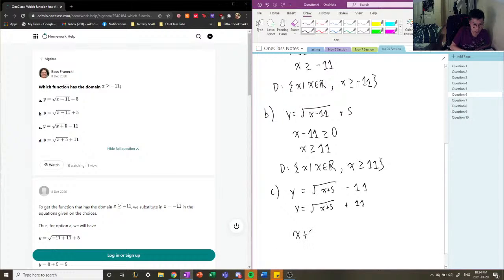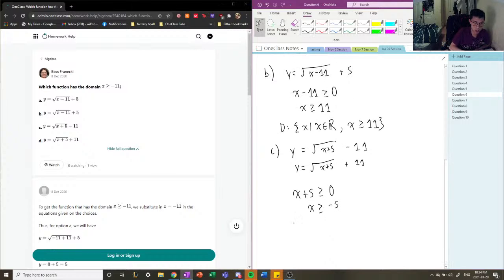And so we have to ask ourselves, what values of x make this inequality true, where x plus 5 is greater or equal to 0, and we have found our answer, x is greater or equal to negative 5. So as long as x is greater or equal to negative 5, our function is defined, and our domain here is D equals x such that x belongs to all real values, but x has to be greater or equal to negative 5.